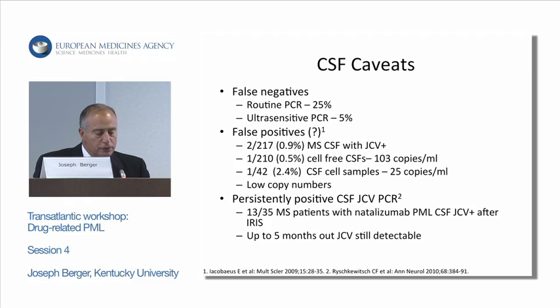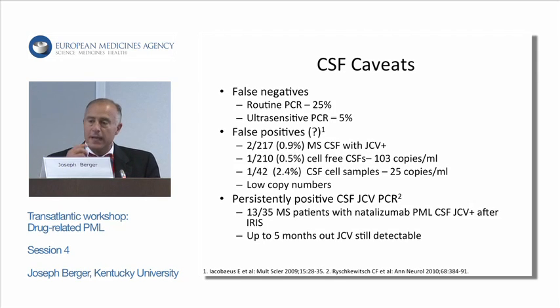It was 2 of 217 patients, just under 1%. It was 1 of 210 people, or 0.5%, in which the spinal fluid was cell-free, and the copy numbers were low. It was 103 copies per ml. And it was 1 of 42 in which there were CSF cell samples. And again, the copy numbers were low, 25 copies per ml.